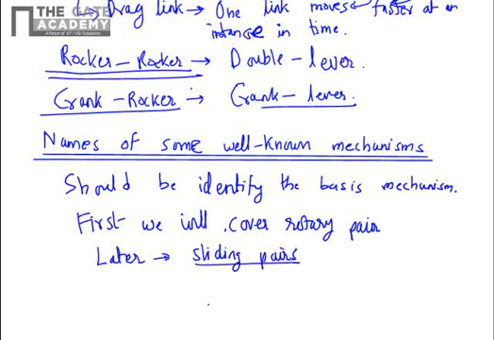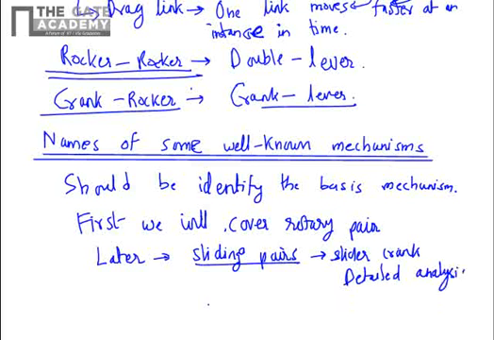The sliding pairs case is more important from the exam perspective, because the slider crank falls under this category. And there are various inversions of this mechanism which are very important from an industry perspective, and we get the questions in GATE regularly. So we will do a detailed analysis of the sliding pairs mechanism.